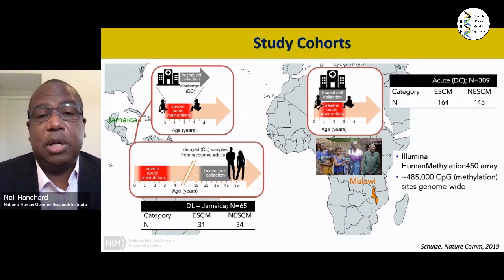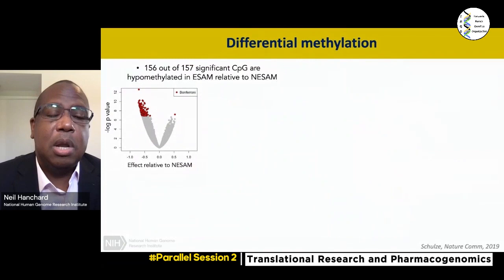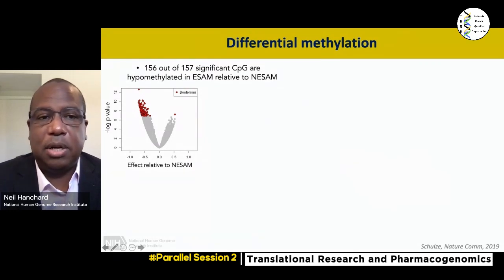And so the first thing we did was ask, do we see evidence of differences in methylation? Of those sites where we could see strongly, significantly differential methylation at a Bonferroni corrected significance level, almost all of those sites are hypomethylated in edematous relative to non-edematous, which are the red dots.